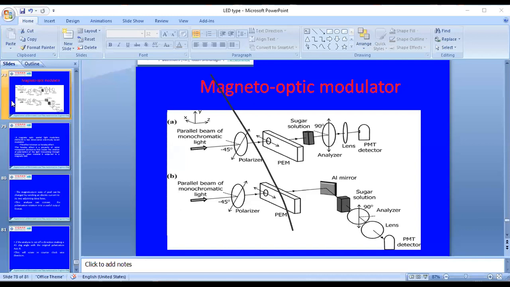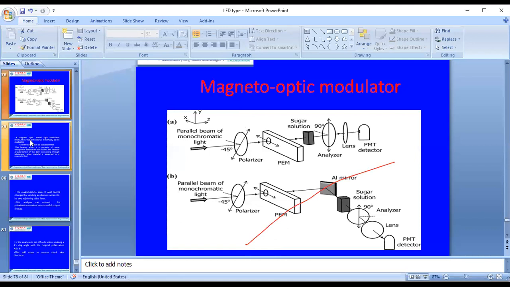Then the magneto-optic modulator: whenever the parallel beam of monochromatic light enters into this, automatically it is rotated by some angle. When the magnetic field is applied to the crystal, the polarized light will be at 45 degrees, and the entire magnetic field is applied to that.